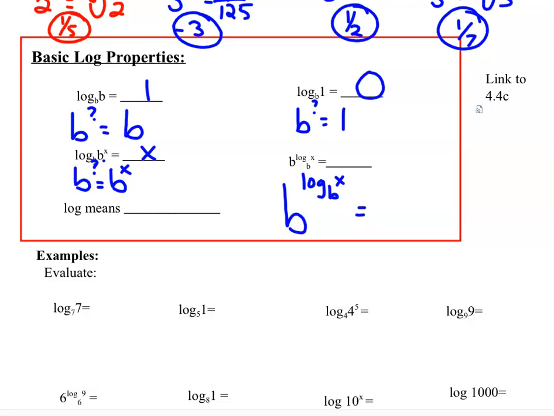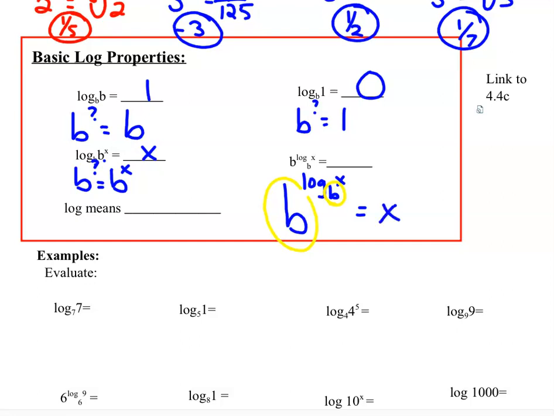But again, if our bases match, so if the base in this log expression matches the base that's being raised to that power, we are back to just getting our x. So these last 2 rules that we just went through, we're really matching bases. Our answer will just be our x.